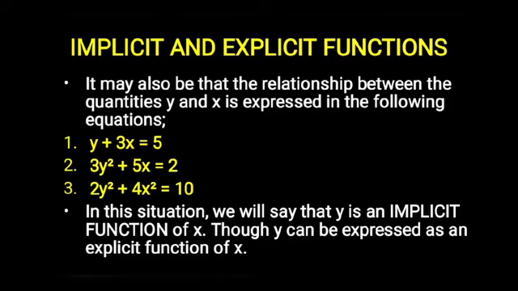Now, if we study implicit and explicit functions of x closely, we will notice that in an implicit equation, y and x are mixed together in the equation, but in an explicit function of x, y is the subject of the formula. So this is the clue to differentiate between implicit and explicit functions of x.